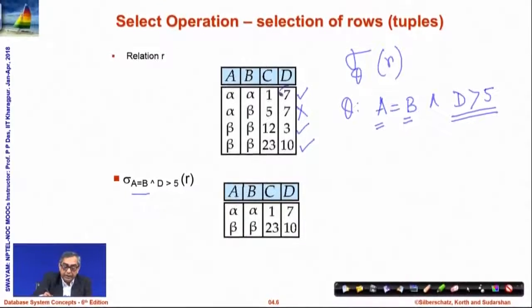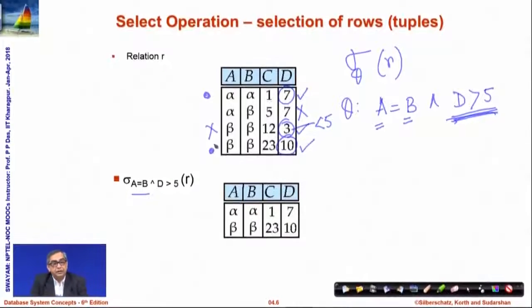Then we again look at D. We find that this D is less than 5. So, this also does not satisfy, because it fails the second condition; both have to hold. So, we finally come to this record and this record as the selected records in the result: alpha alpha 17, beta beta 2310.